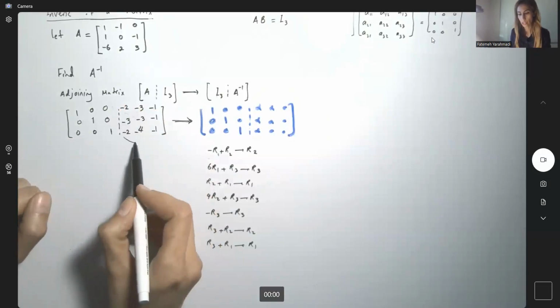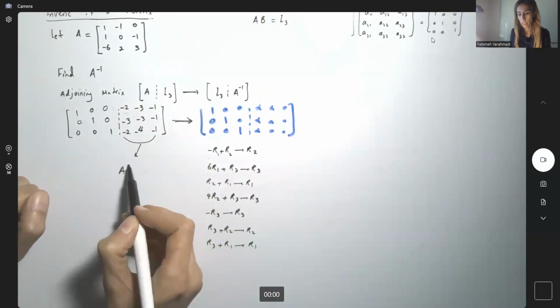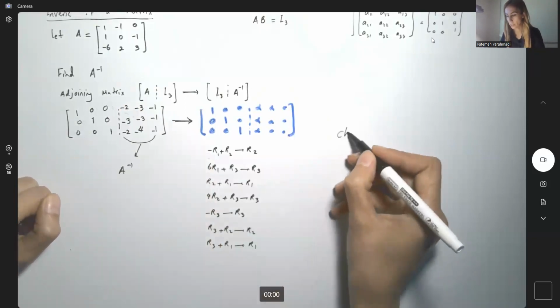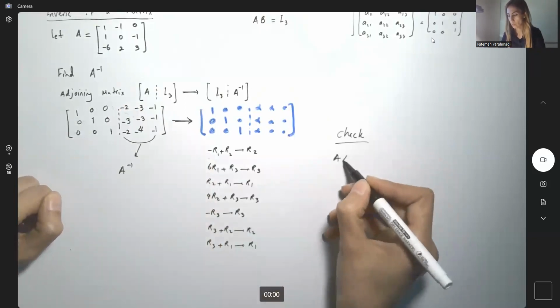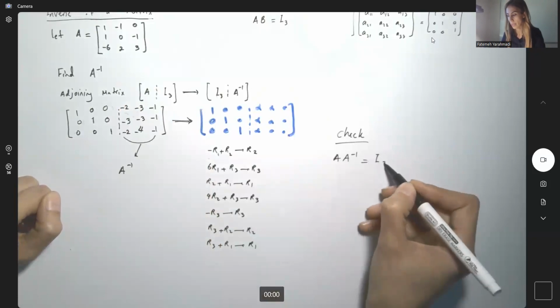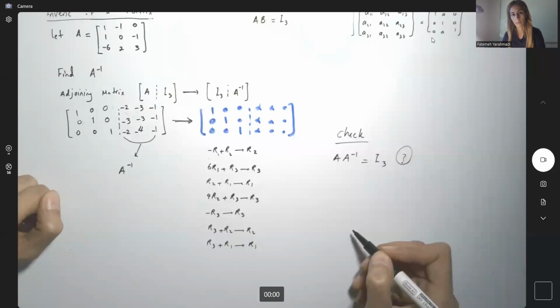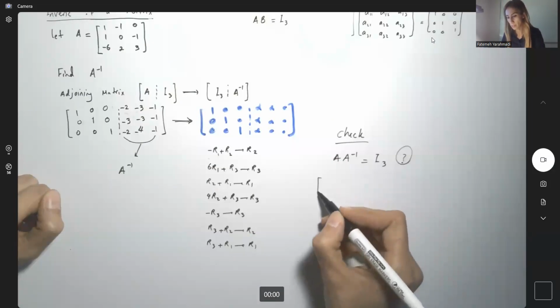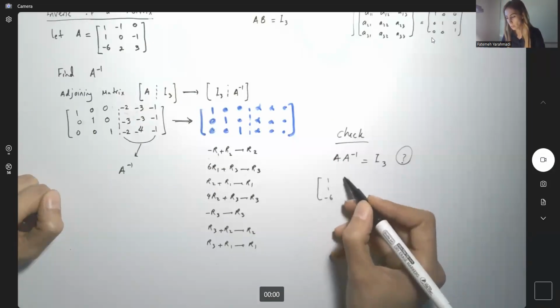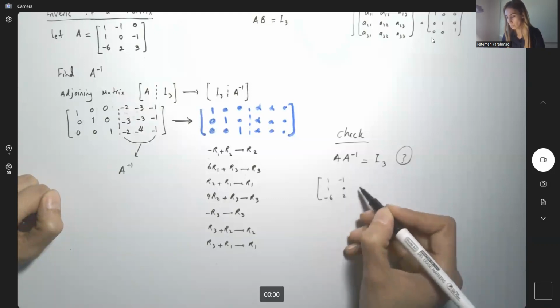So now we need to check to see if this is actually the inverse or not. Check. It means that you're going to multiply these two together, and it must be equal to I3. So let's write down A. A is 1, 1, -6, -1, 0, 2, and 0, -1, 3.